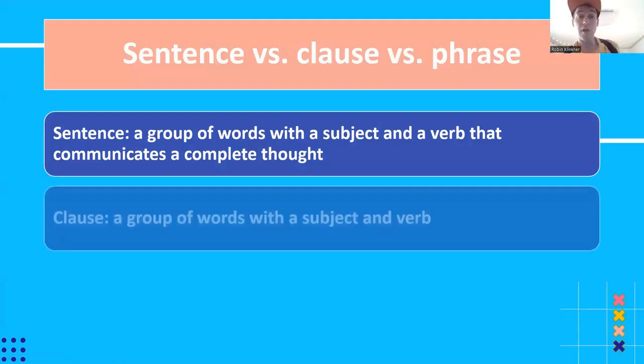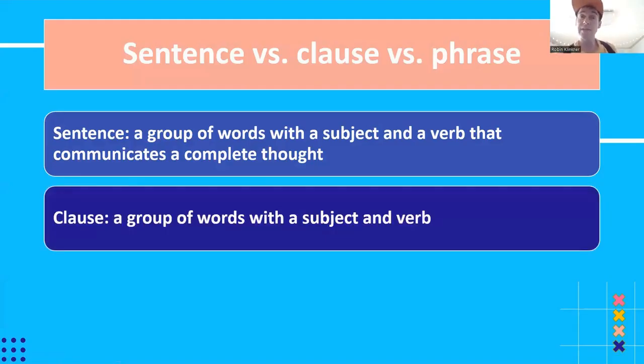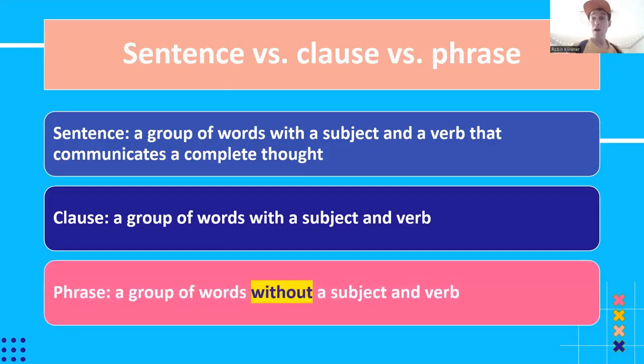Okay, what is a clause? A clause is a group of words with a subject and a verb. So a subject is a person or thing that does something, and a verb is the action that the subject takes. Now, a phrase, on the other hand, is a group of words without a subject and a verb.